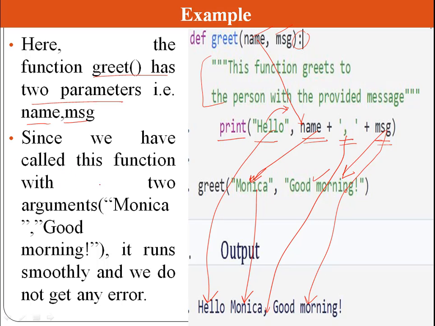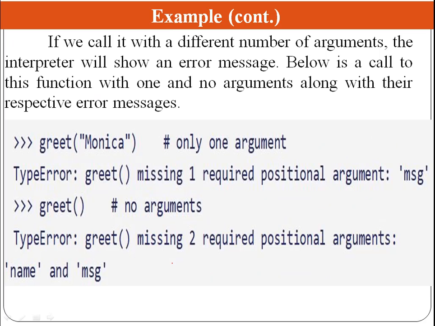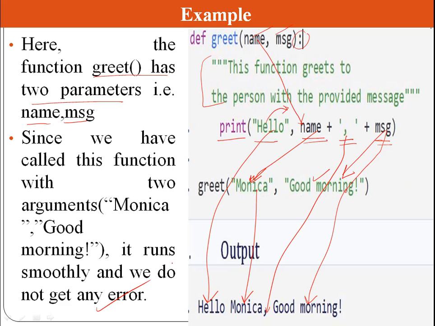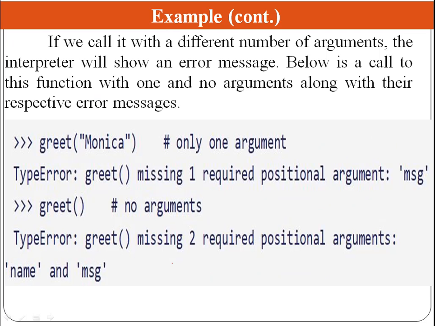If we call it with a different number of arguments, the interpreter will show an error message, because in the definition you have mentioned that you require two arguments, right? If you try to call this function either without arguments or with only one argument, it will give you an error.